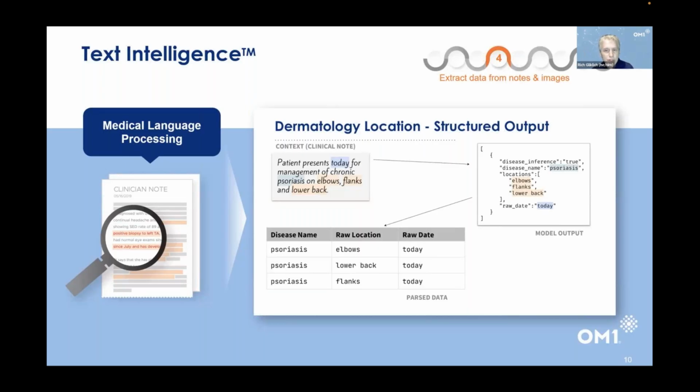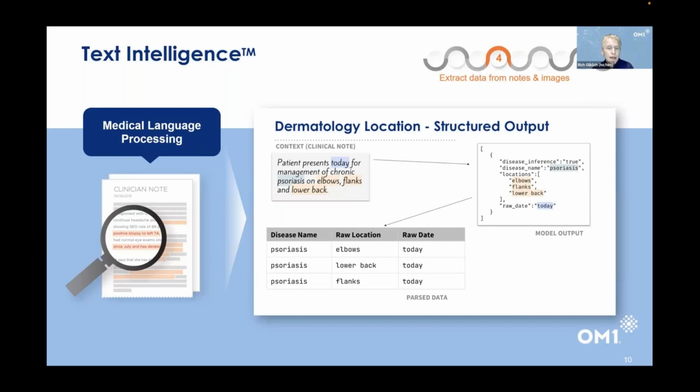So here the challenge is to identify the location of the dermatology problem, in this case psoriasis. And you can see how we're able to process that to identify, differentiate between elbows, flanks, and the lower back in this example, as well as identifying the date for that extraction.